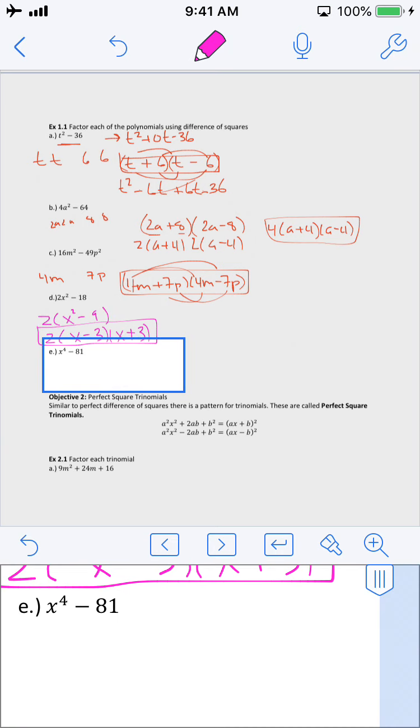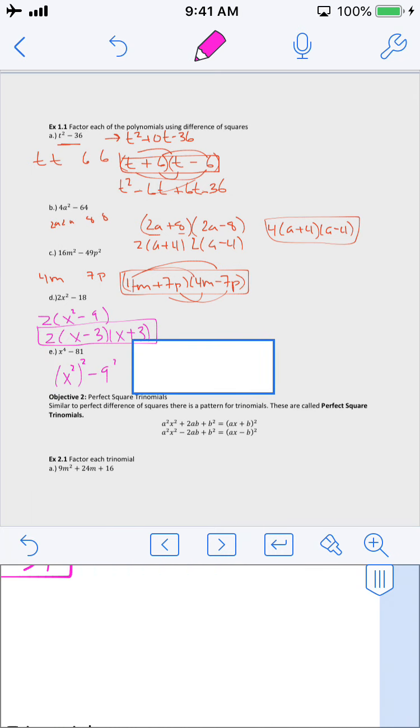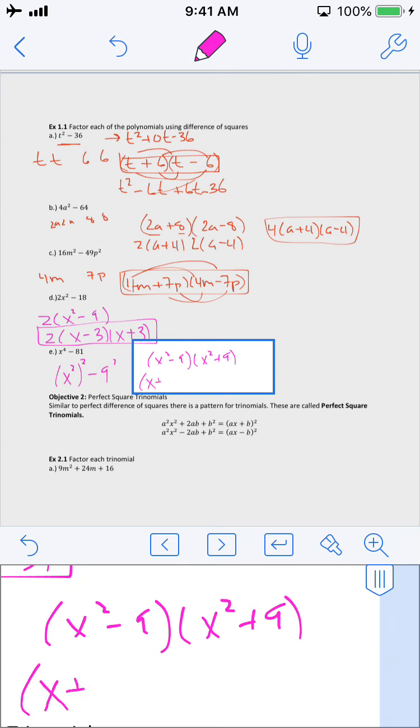Okay, x to the 4th minus 81 may not look like difference of squares, but again, maybe they're hidden. Here I have x squared squared, and 81 is 9 squared. So maybe I do. Here I have x squared minus 9 and x squared plus 9. But I'm not quite done yet, because I'm noticing another set of squares, right? Here I have x plus 3 and x minus 3.